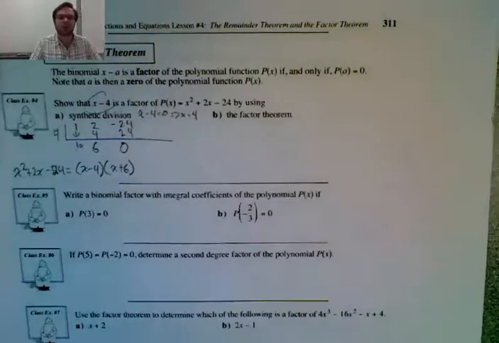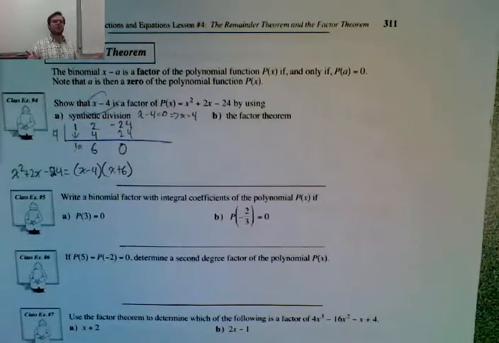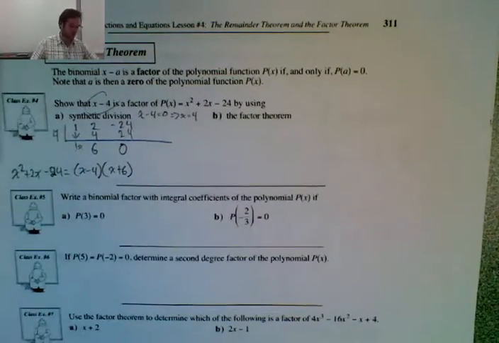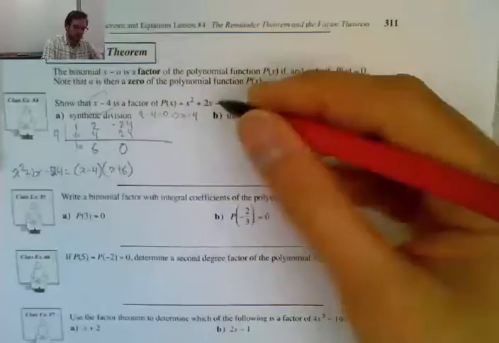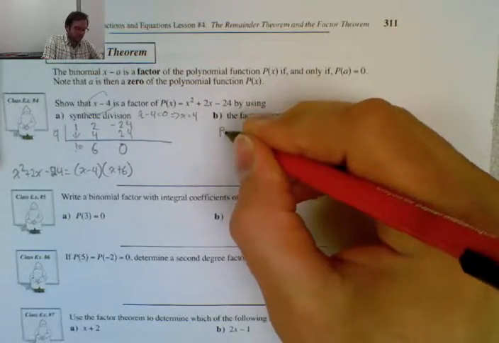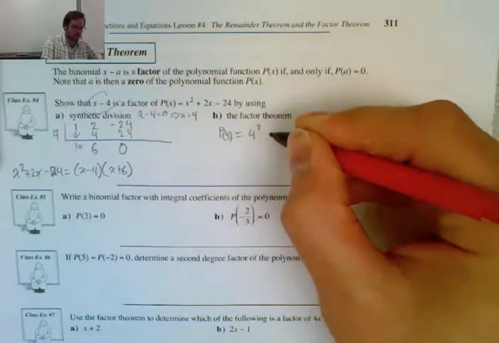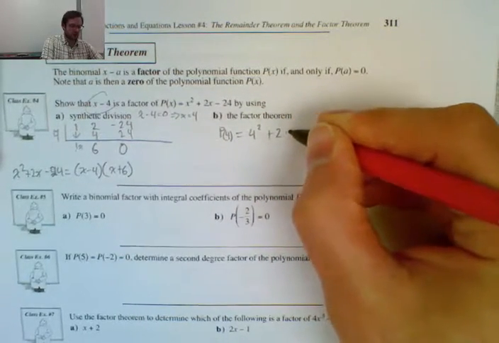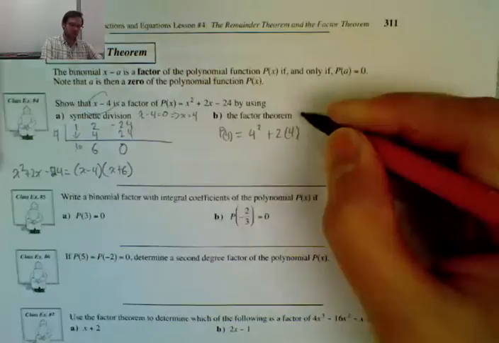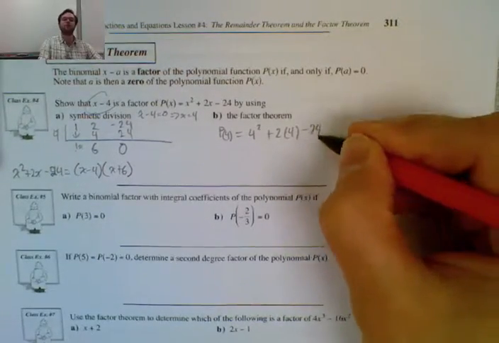Okay, so now let's look at the factor theorem. Now we're going to use the factor theorem. Okay, so we're going to put in P(4), which is the same as 4 squared plus 2 times 4, and then we're going to subtract 24.